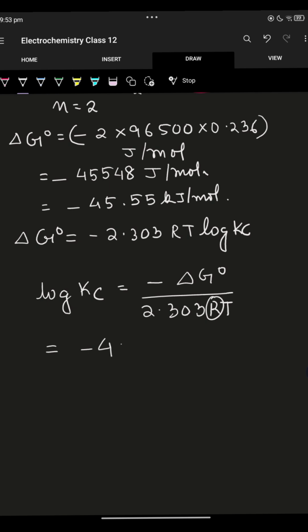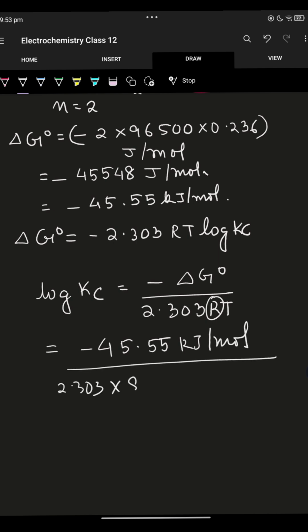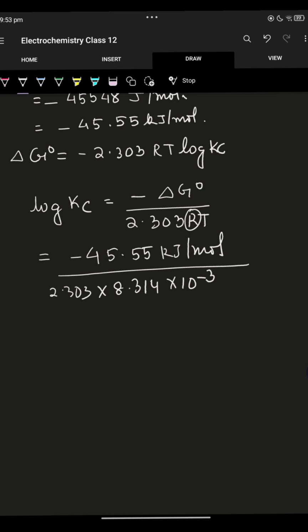The value of R will depend on which unit you want to take. So I have kept kilojoule per mole over here, 45.55 kilojoule per mole. So this will be taken as 2.303 into 8.314 into 10 to the power of minus 3, because I am taking the unit kilojoule per Kelvin per mole, into 298 Kelvin.